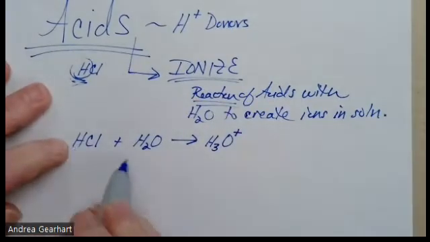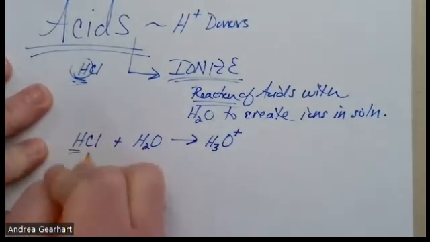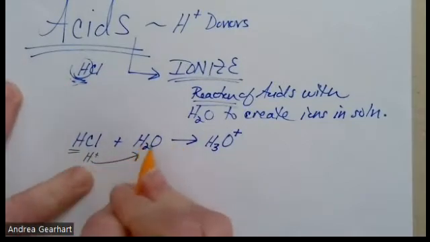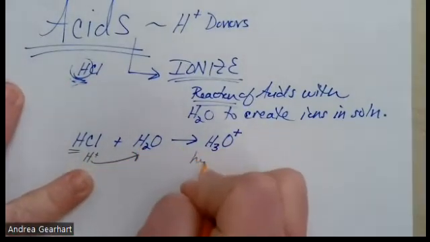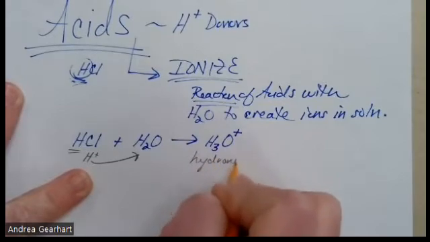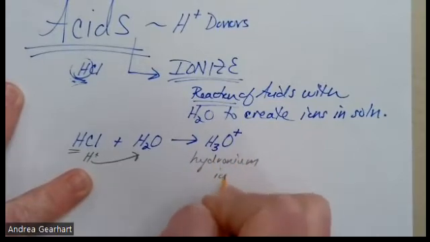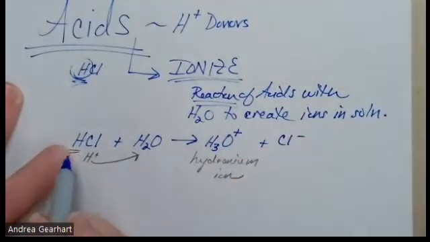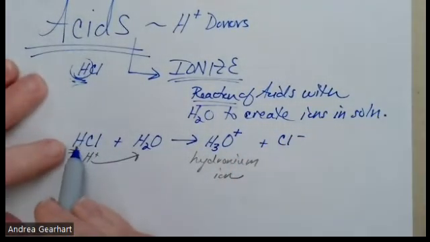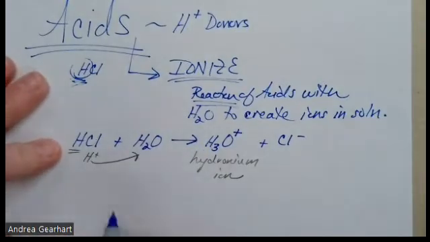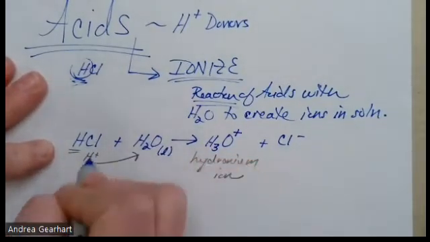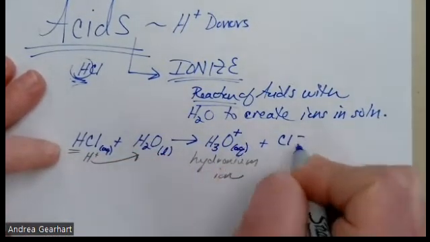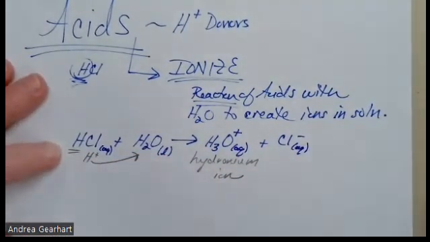It gets attracted and actually bonded, forming what we call the hydronium ion. Then we'll have remaining what is left after the hydrogen ion has been donated. This will be an ion dissolved in water, and an ion dissolved in water.